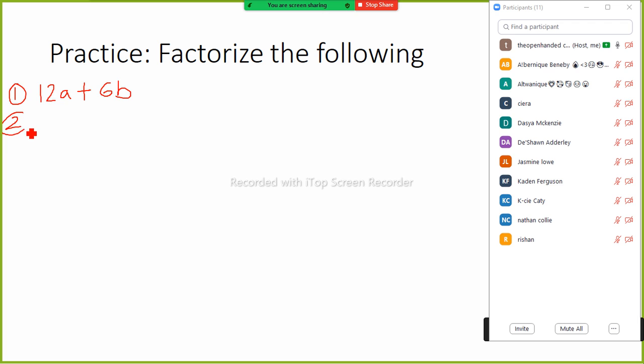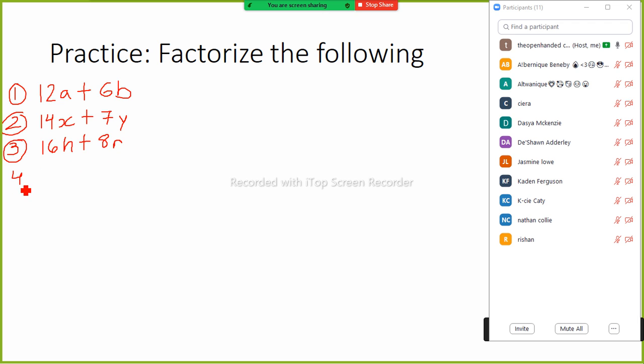Second one, if we have 14x plus 7y. Third one, if we have 16h plus 8r.